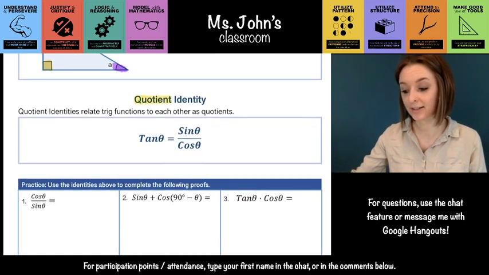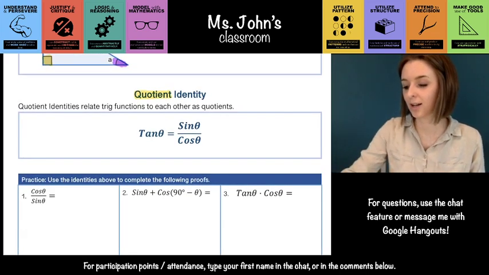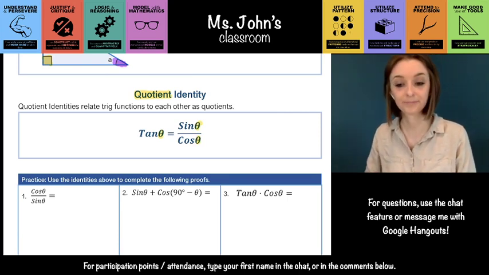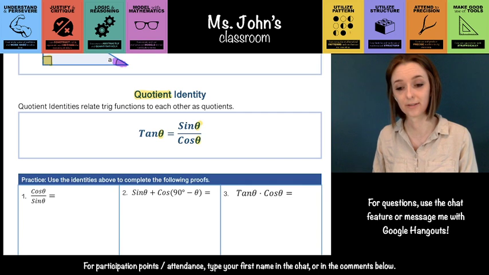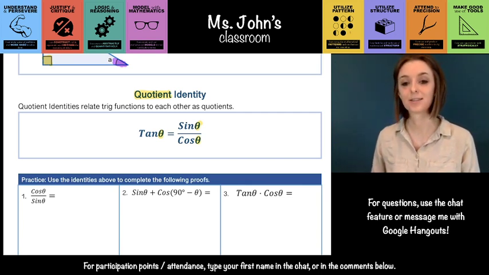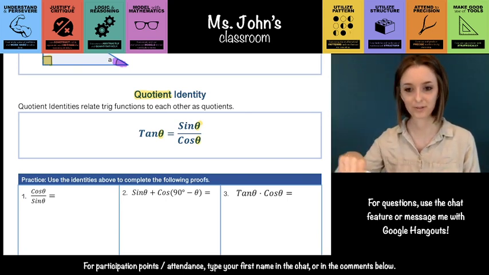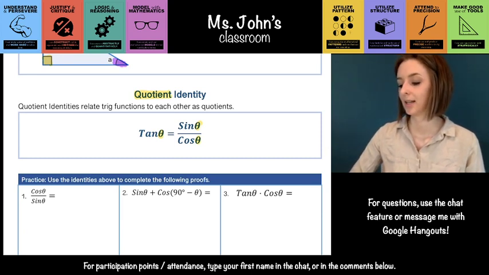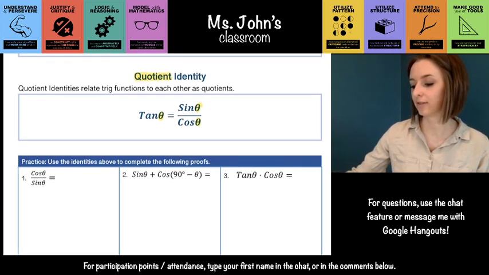So this is just a reminder of that. These angles do need to be the same for this to be true. You can't just take sine of a random angle over cosine of a random angle. They all have to be the same. Tangent is equal to the quotient of sine over cosine. Tangent is sine over cosine.